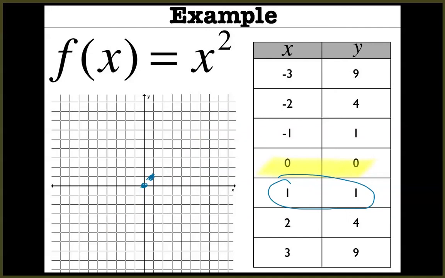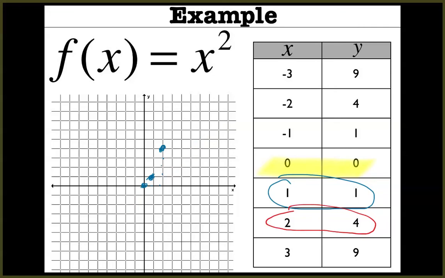When I do 2, 4, my next dot is going to go over 2, and then up 1, 2, 3, 4. It's not quite linear with that line that we thought was going to go this way. Now it's kind of crooked. Interesting.